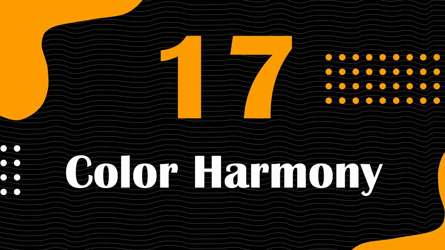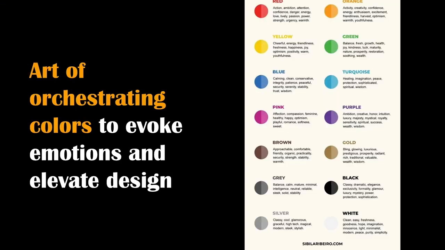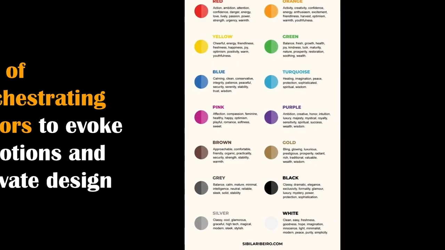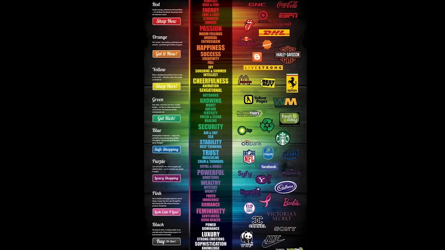Our next key term is color harmony, which is the art of orchestrating colors to evoke emotions and elevate design. It invokes the skillful blending of colors to create a visually pleasing and emotionally resonant composition.